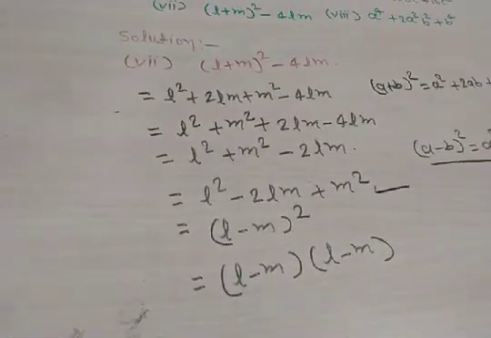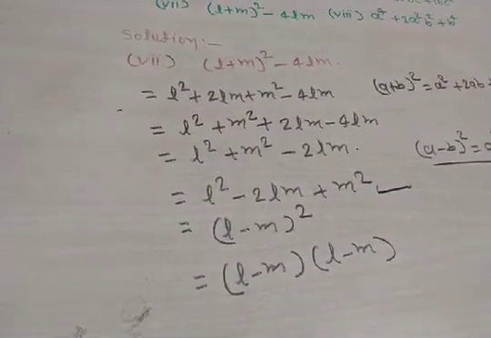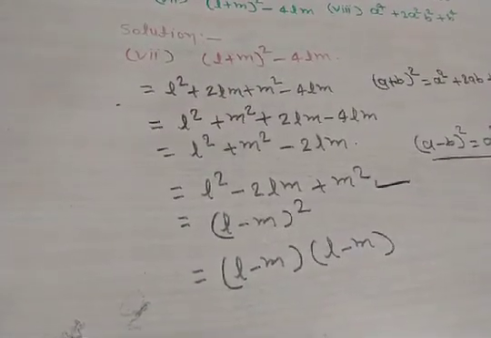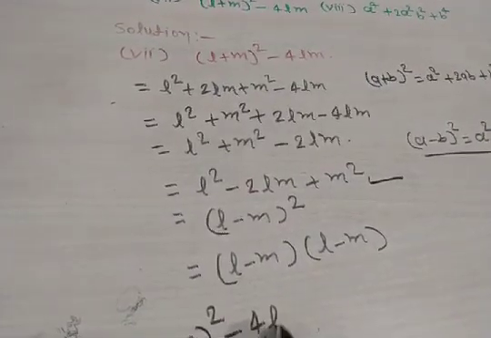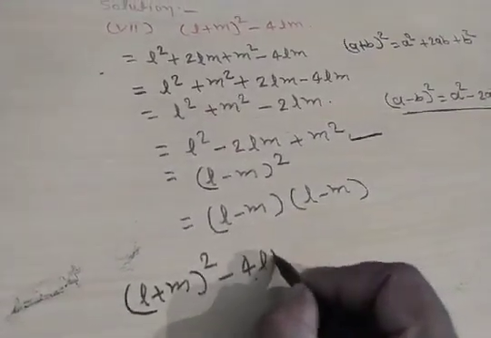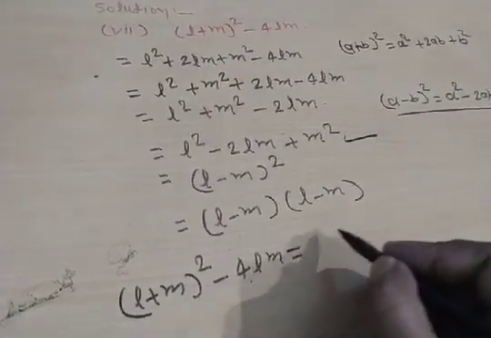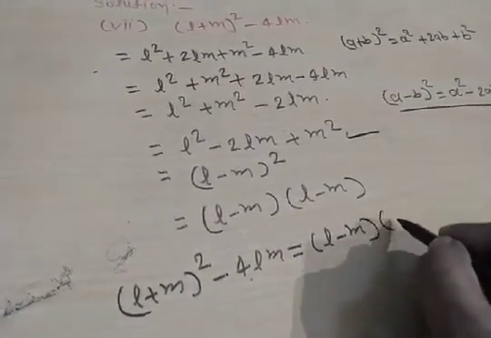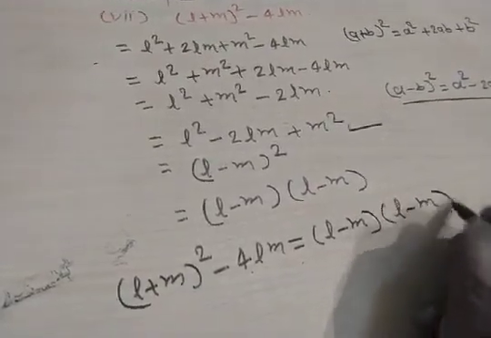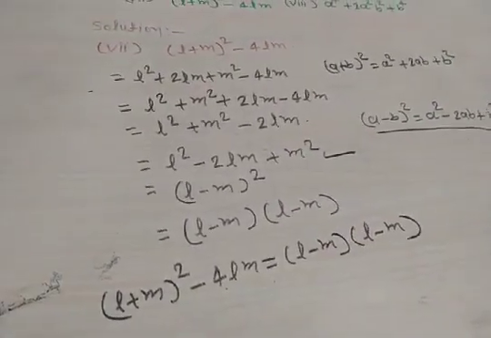So here this is the factorization of the whole square of L plus M minus 4LM, which is equal to L minus M into L minus M. This is clear.